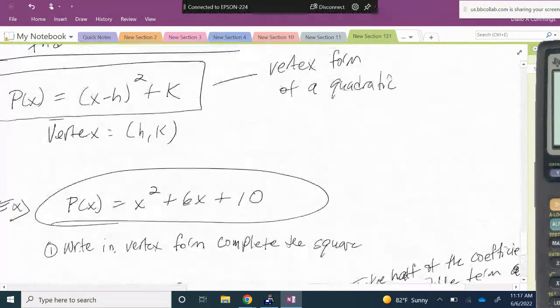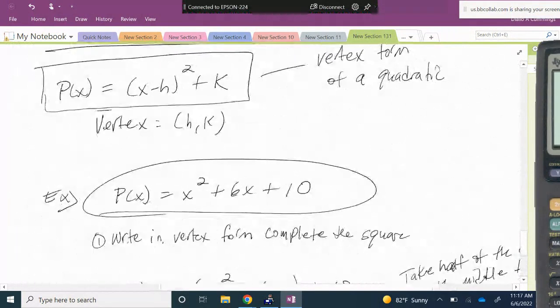If I go back up to this vertex form, this is what you have to be careful on. Notice that when you pull the vertex out from this vertex form, the x coordinate is going to change signs. In the general form, p of x is equal to x minus h quantity squared plus k, but once I take the negative h out of the vertex form, the sign changes.